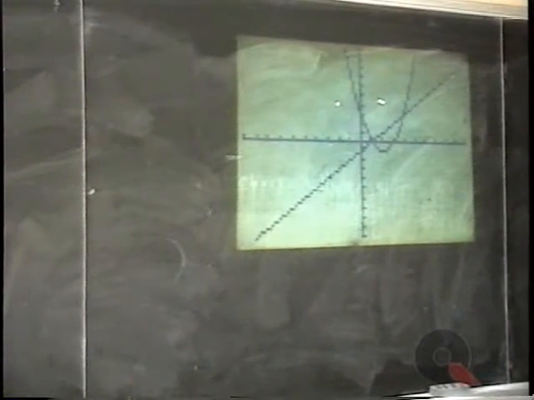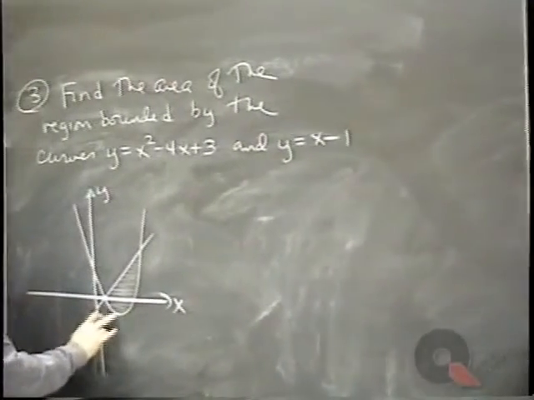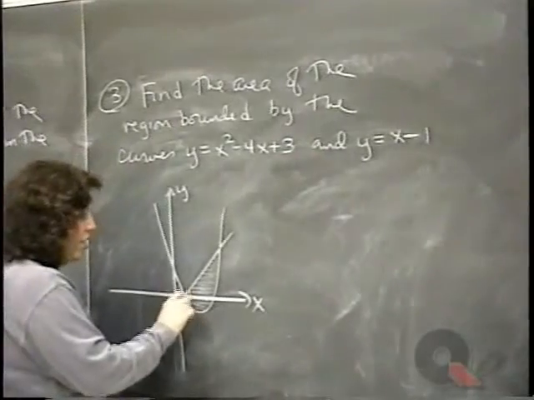We have a parabola and the line, like so. The region that we're looking at looks like that, and it is, once again, a high-low region.